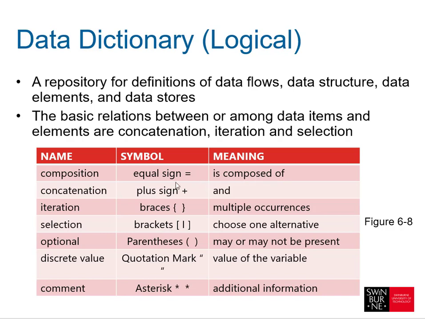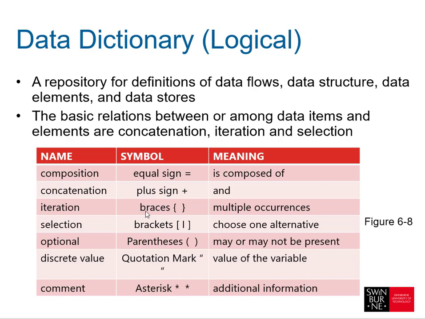So customer order consists of, so we put the equal sign and then we write the elements in that customer order, right? When you write these elements you need to use the concatenation symbol, the plus symbol. The plus symbol shows you addition. So customer order consists of maybe customer ID plus item list, right?